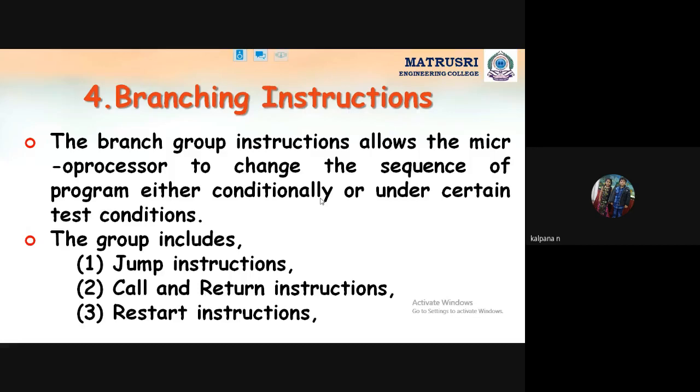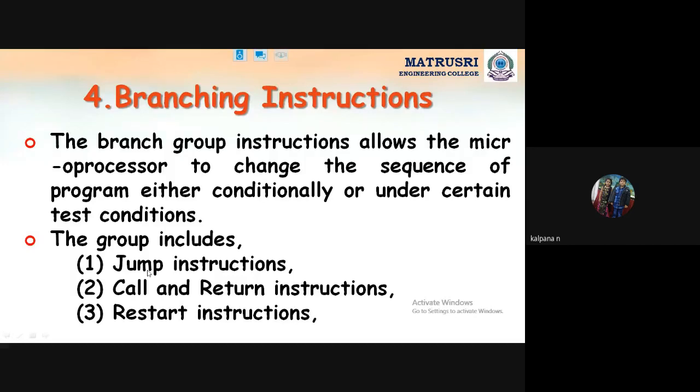Here we are not giving any condition like equal, greater than or less than. Without any condition we jump from one location to another location. Those are called unconditional branch instructions. Branch instructions change the sequence of the program either conditionally or unconditionally.